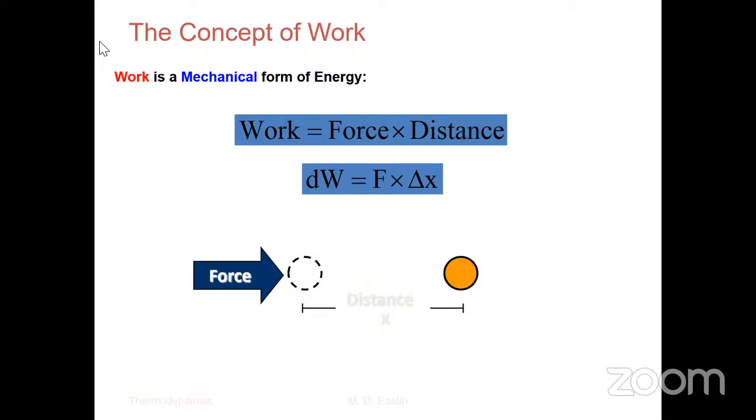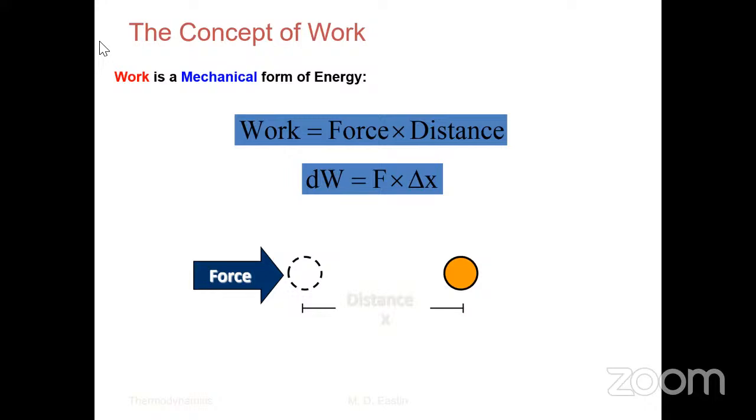Work is equal to force times distance. For work, dW, a little change in work, is equal to F, that is force, times distance, delta X.